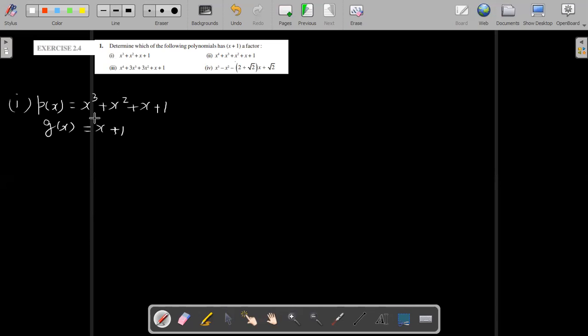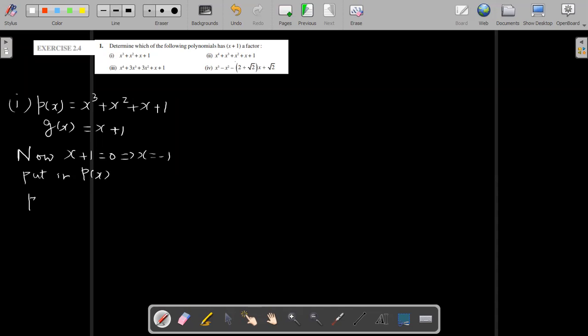Okay, so equate to 0. Now x plus 1 is equal to 0, which gives x is equal to minus 1. Put it in the given polynomial p(x) to get the remainder.